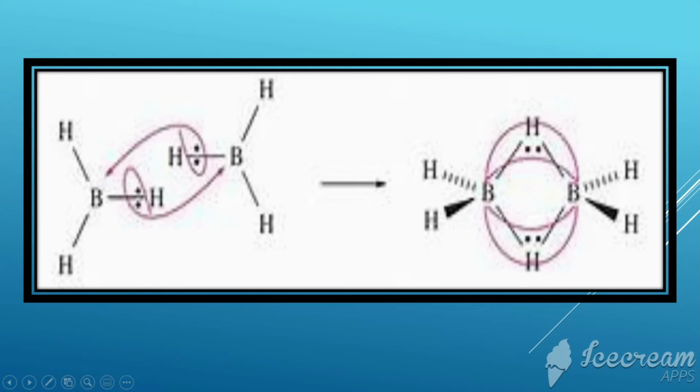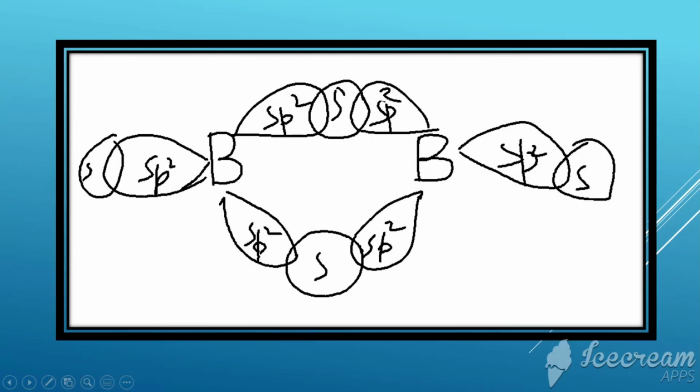So what happens is that the bond between hydrogen and boron is shared by both borons. This is sp2 hybridized, and you can see in that example that the hydrogen bond is shared by both borons. Scientists explain what type of bond should be expected.